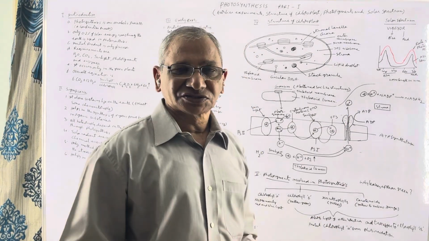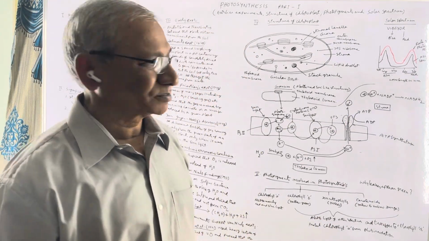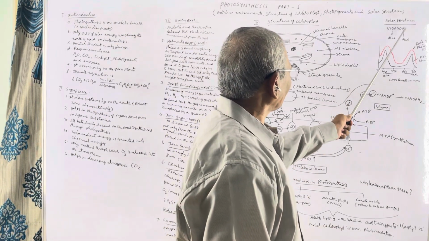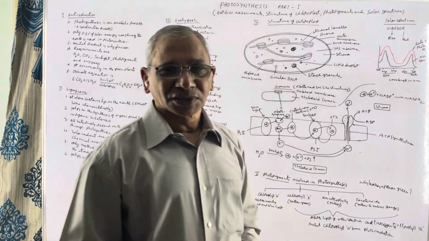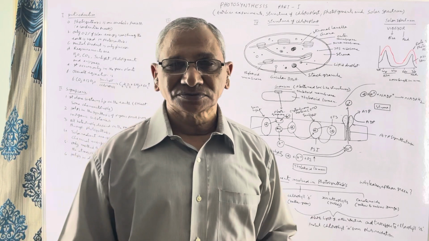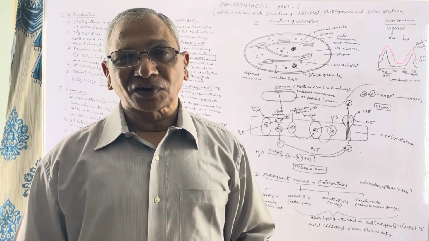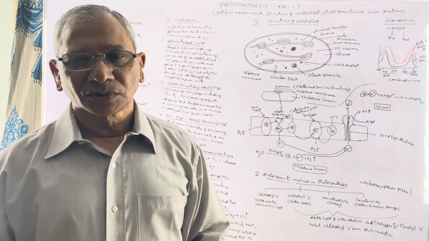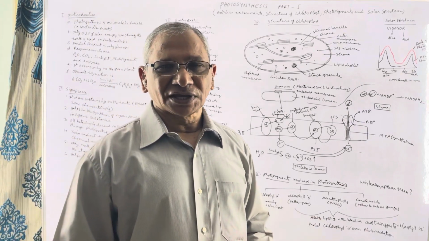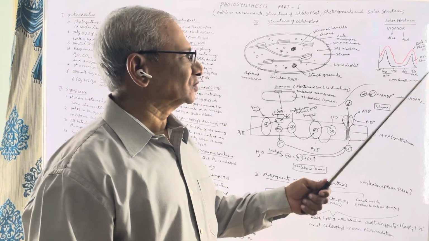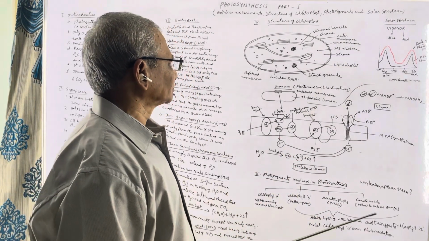These 7 colors form the visible spectrum. Before and beyond this visible spectrum, there is invisible light, that is ultraviolet light, infrared rays, radio waves, X-rays, like that. There are so many invisible radiations.